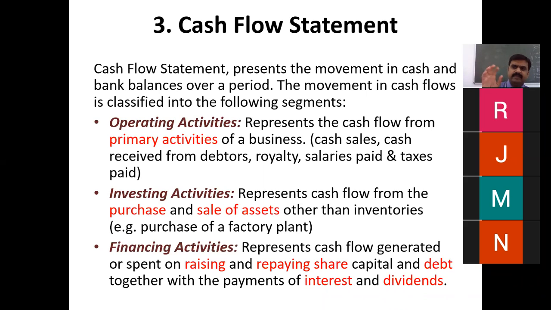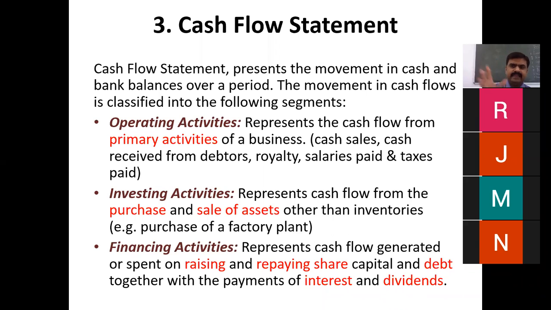Okay, so this statement will record cash inflows and cash outflows from three activities. Normally we divide into three activities. One is called operating activity, second one investing activity, and third financing activity. So you will learn about this in the next semester, not to worry.